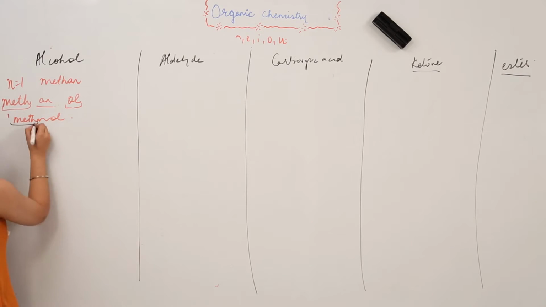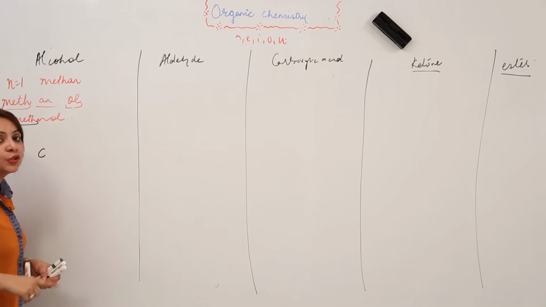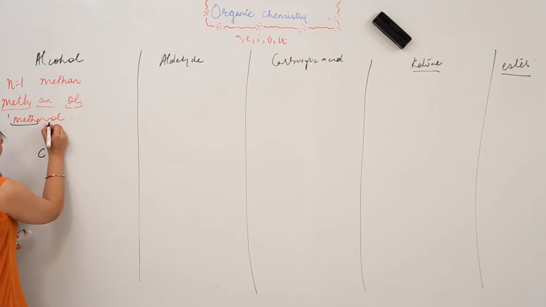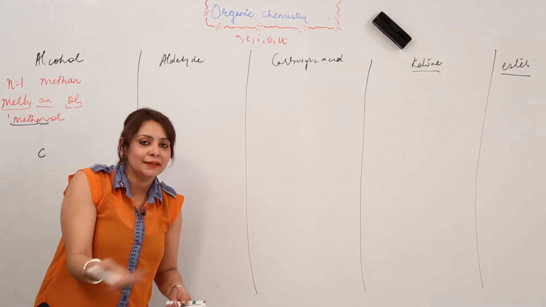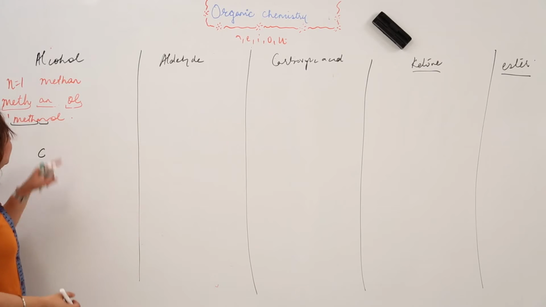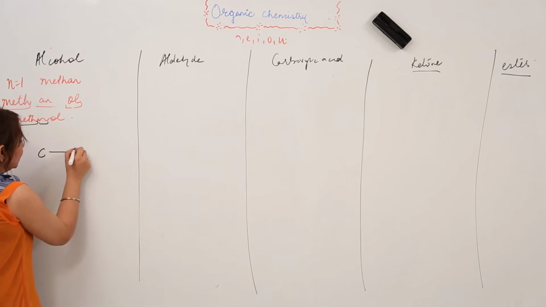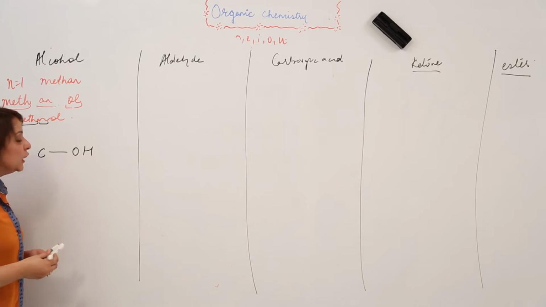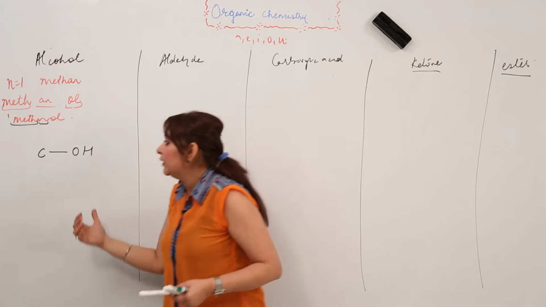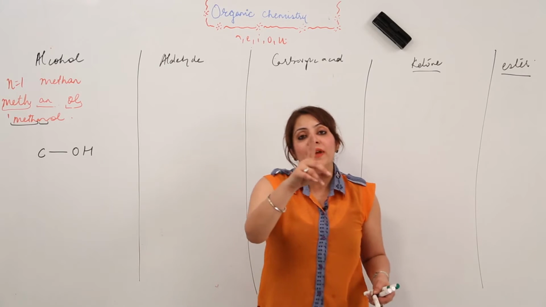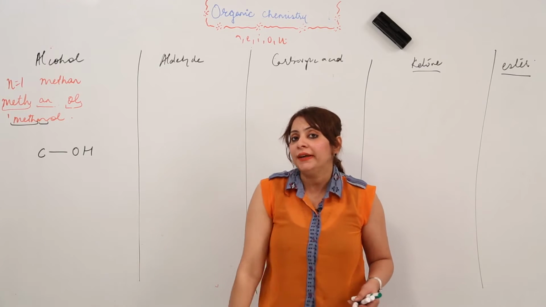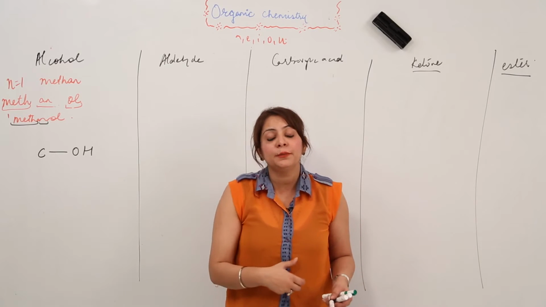See how I am writing the formula for it. Meth indicates one carbon atom, so I have written one carbon atom. The second is ANE, so I don't have any other carbon, which means ANE means nothing to me in this case. Ol means OH group, so I've just put one OH. As you can look at the board, how many valencies of C are satisfied now? Only one valency is satisfied, and we are still left with 3, and there is no other atom to pair up with carbon.